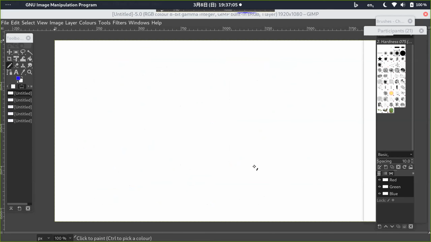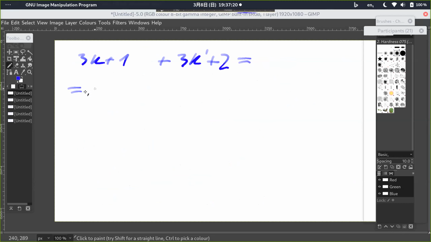If you take any number which looks like 3k plus 1, and you add another number which looks like 3k prime plus 2, with normal addition, you have 3k plus 3k prime plus 3, right?